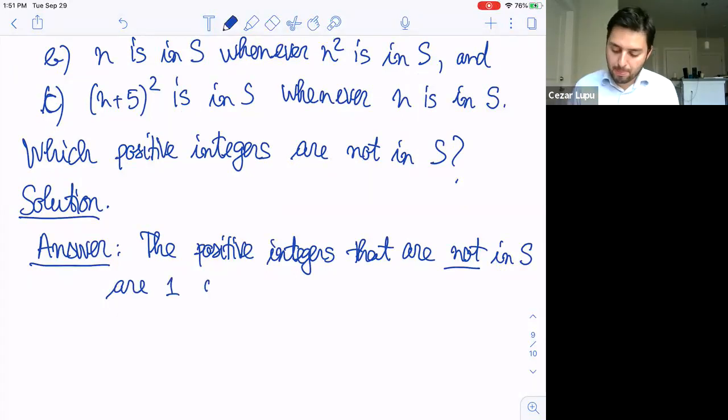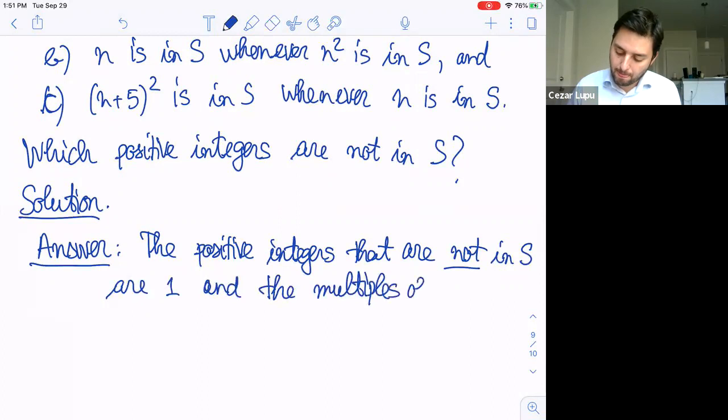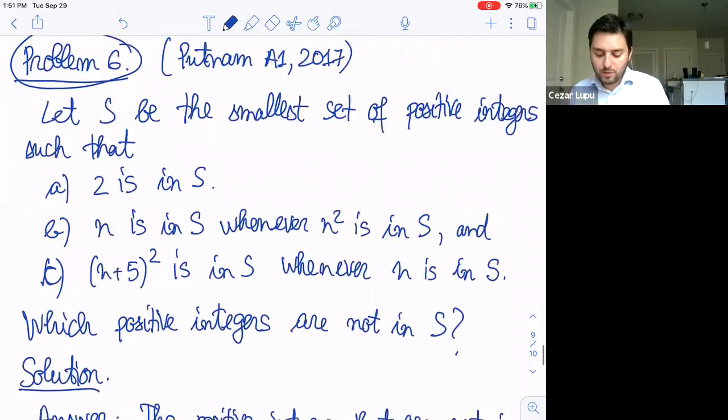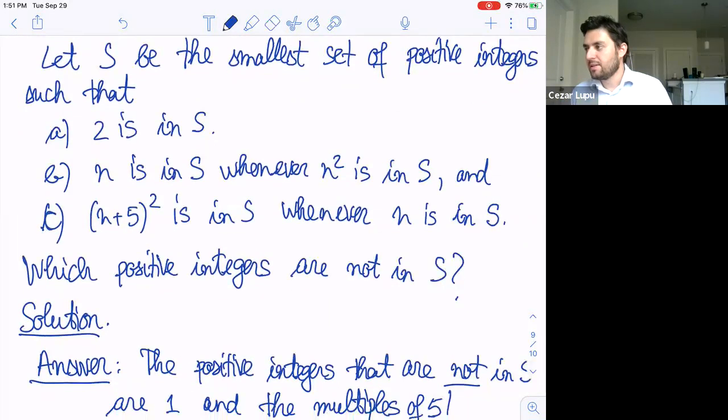And the multiples of 5. And you know what? I'm going to leave it to you to think about this problem for the next time, right?